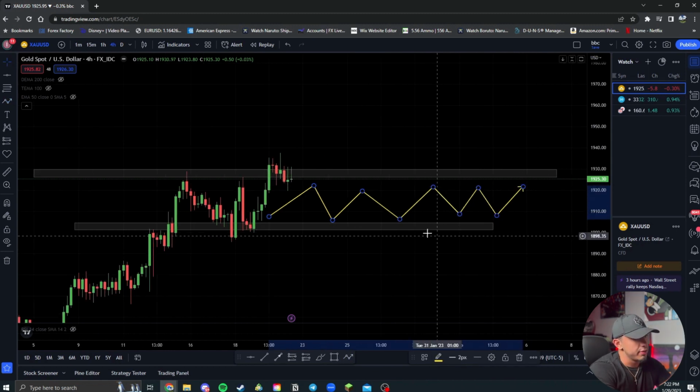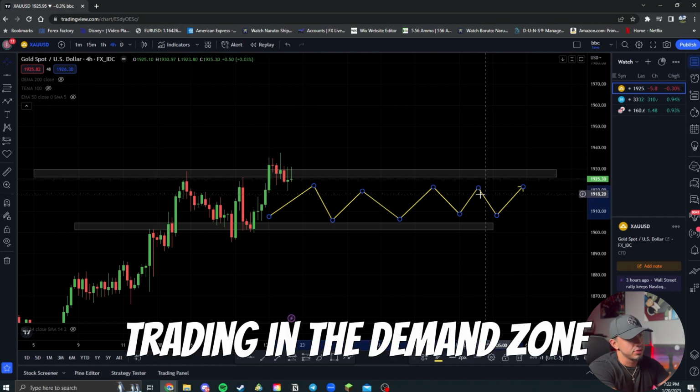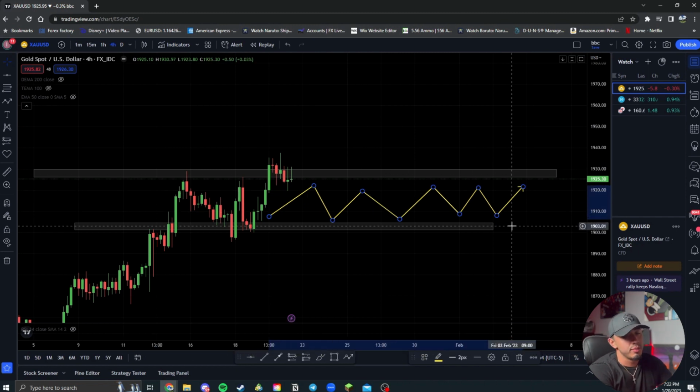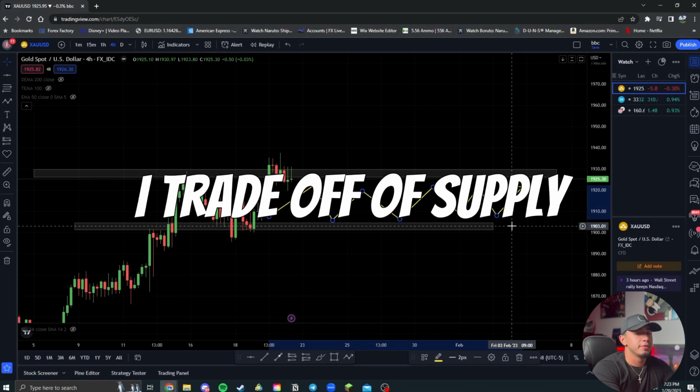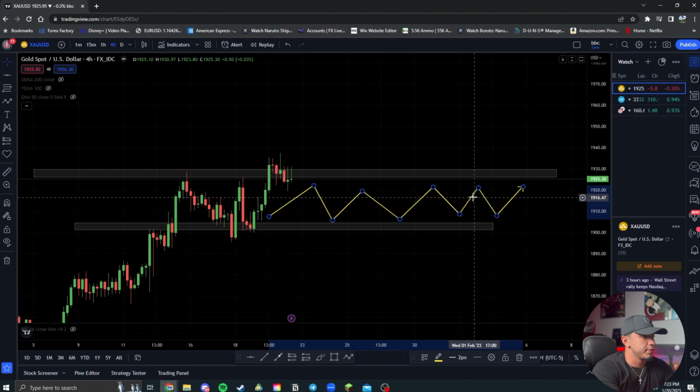Now, usually a lot of inexperienced traders are going to be trading in the demand zone rather than the supply zone. That's why everybody keeps talking about, oh, I trade liquidity pools, I trade how the banks trade, I trade off of supply, and so on and so forth.